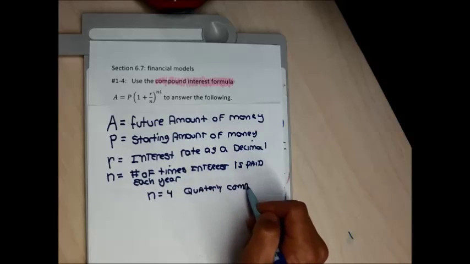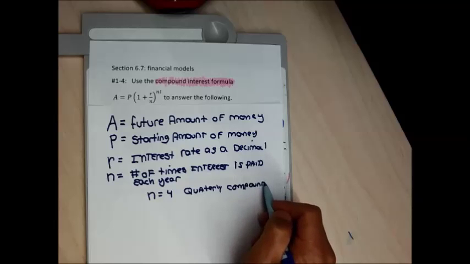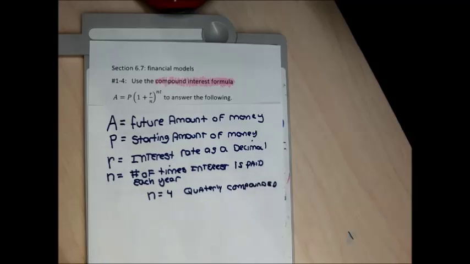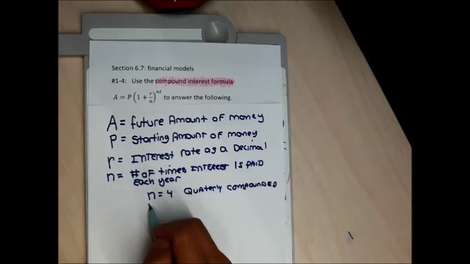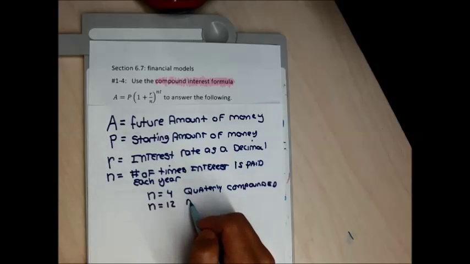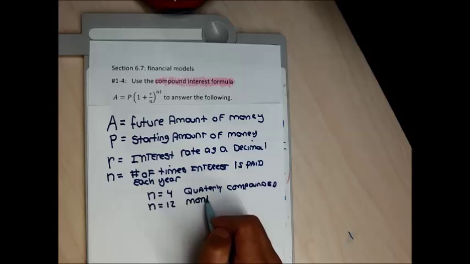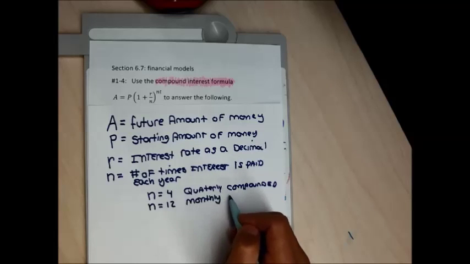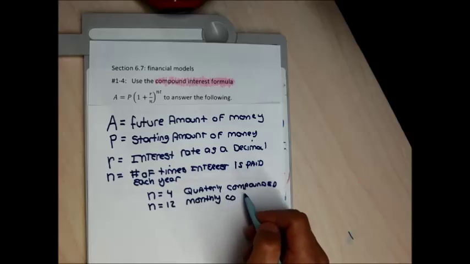I think just like back in the 70s, computers weren't as sophisticated as they are now. So the less times you had to do that computation, the better. Now, if you have money in a savings account in a bank, your N might be 12, and that's more common than not. You might get monthly interest or monthly compounding.